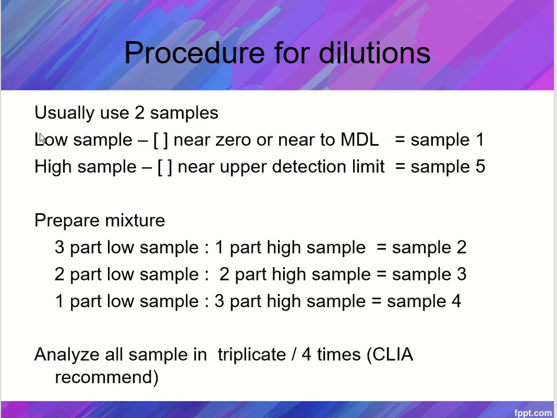And then between the low and high samples, we need to prepare mixtures: 3 parts of low sample added to 1 part of high sample, 2 parts of low sample with 2 parts of high sample, and 1 part of low sample with 3 parts of high sample.